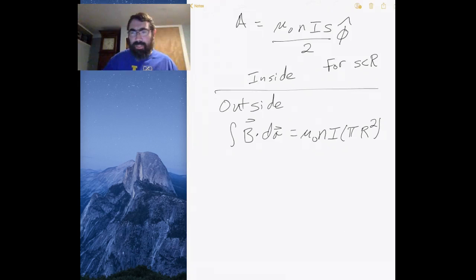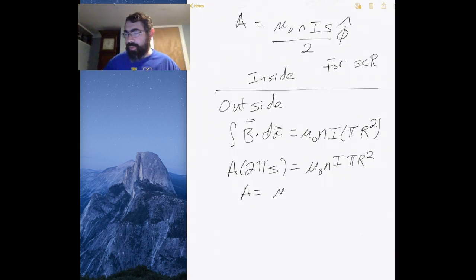Okay, so that means that A times the circumference, 2 pi s, so that's the circumference of the loop, is equal to mu 0 Ni pi R squared. So A becomes mu 0 Ni pi R squared over 2 pi s.